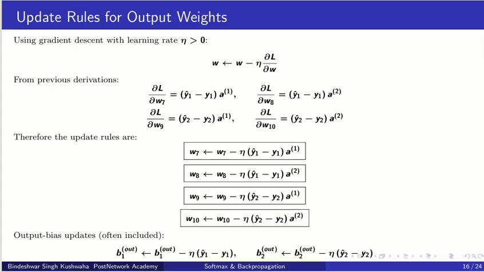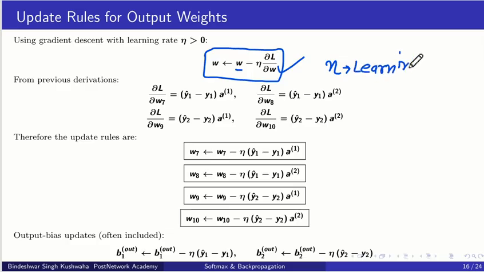Now how will you update? The rule you will find is the gradient descent algorithm. You update the rule like W minus eta, that is the learning rate, between 0 and 1.